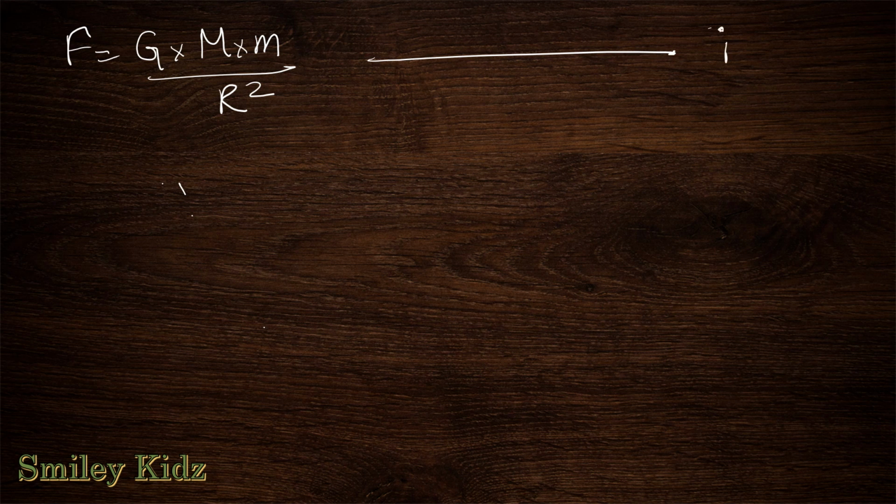With this, let's move ahead. So now F is equal to G into capital M into small m upon r square. Let's consider this as equation number 1. Then we move ahead. Do you remember Newton's second law of motion? Yes, it is F is equal to ma. Now, from this, can we write acceleration is equal to F by m?